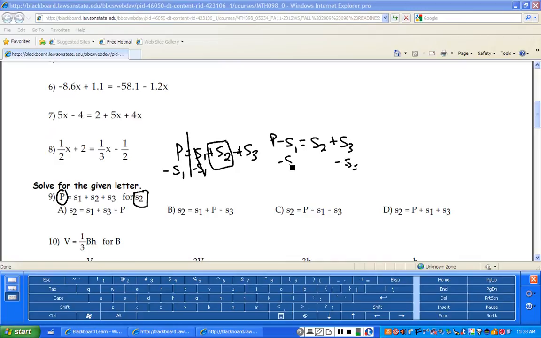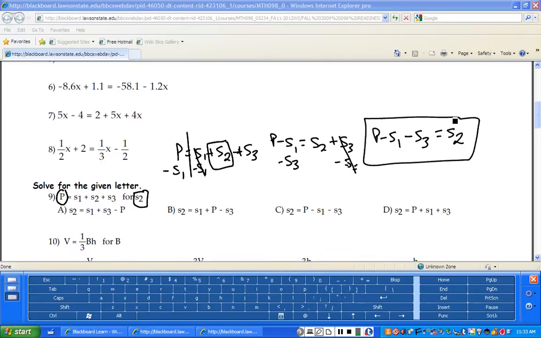So minus S3. S3's cancel over here. None of these are like terms, so once again we just write it out. So P minus S1 minus S3 equals what's left, which would be S2. So that would be your final answer for that one, number 9.